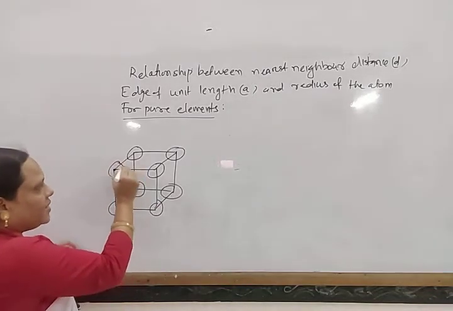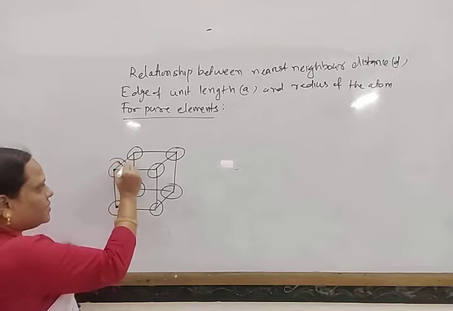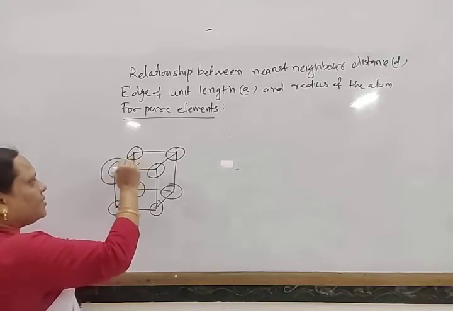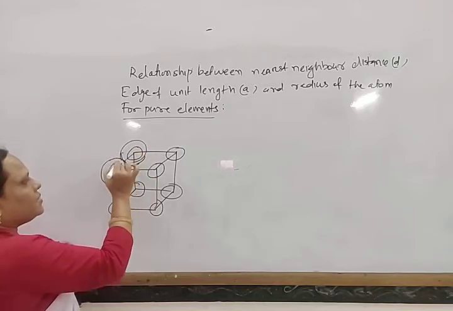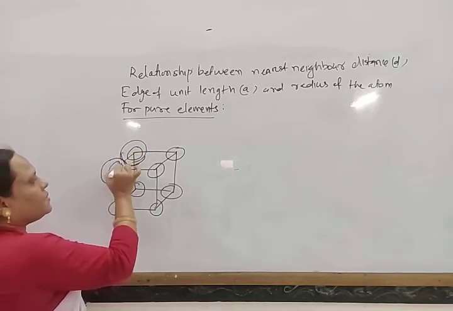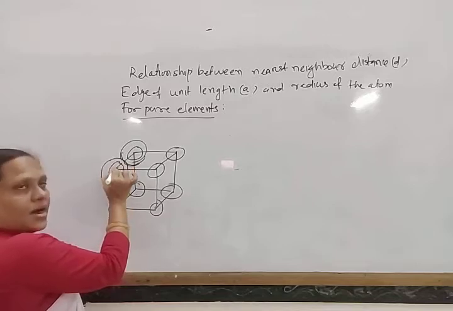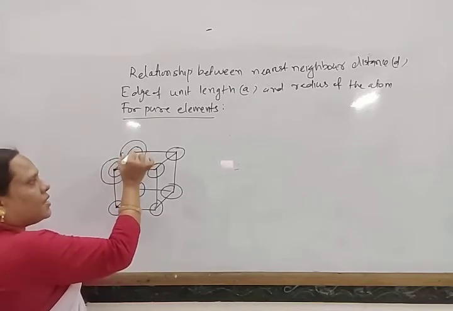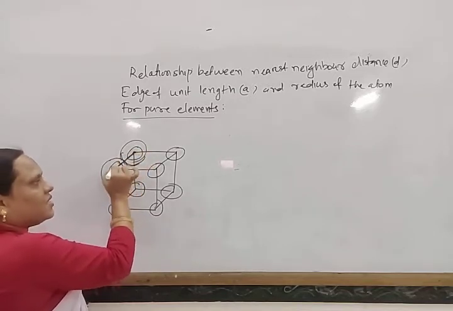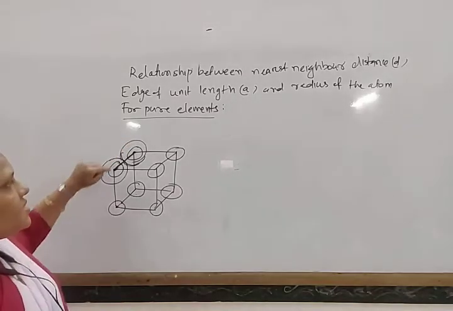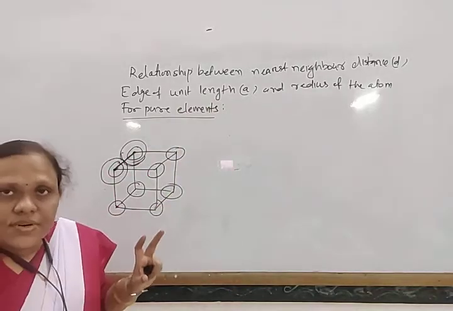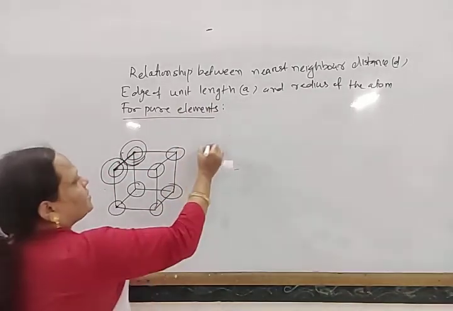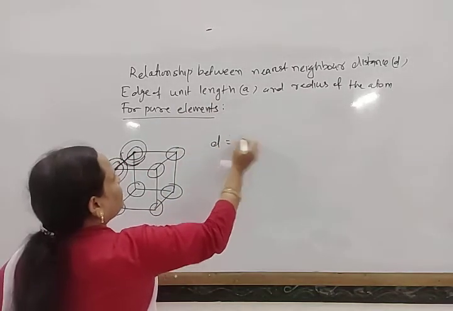When these are closely packed, look here, there is no overlapping. So the distance between the center of one atom and the center of another atom is known as the nearest neighbor distance. So that means d equals a.